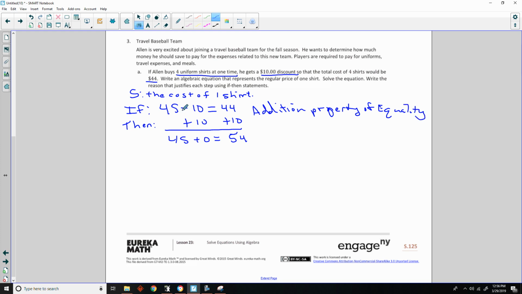Okay, so if 4s minus 10 is 44, then 4s plus 0 equals 54. Okay, if 4s plus 0 equals 54, then 4s equals 54. And that's additive identity.